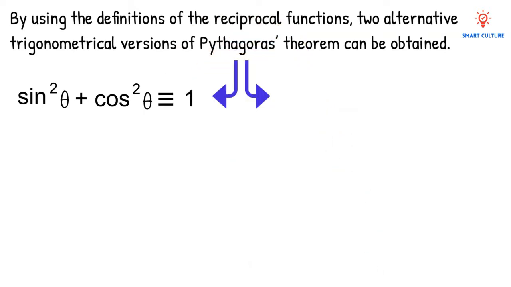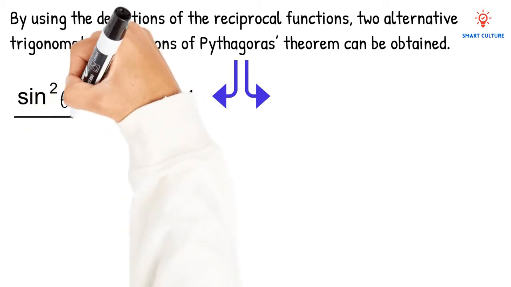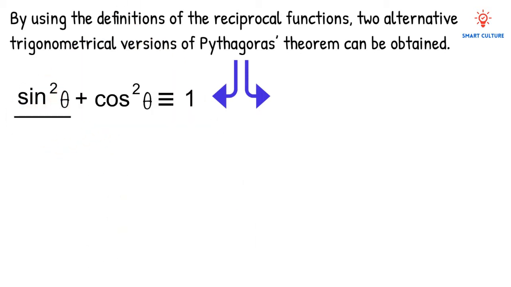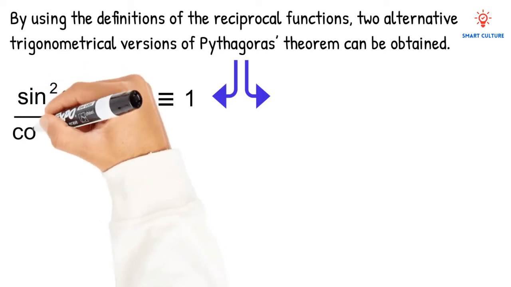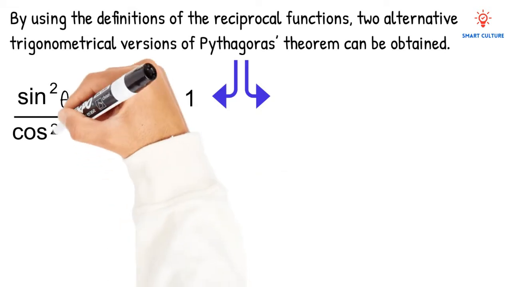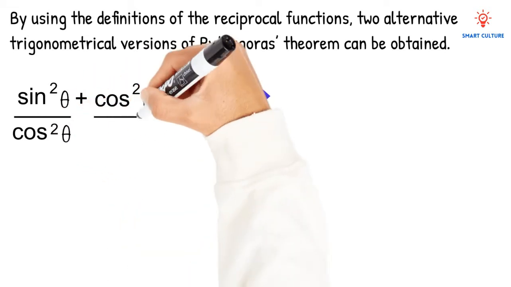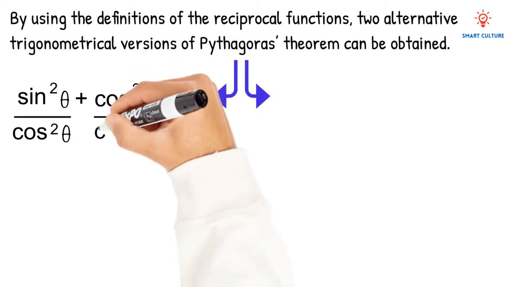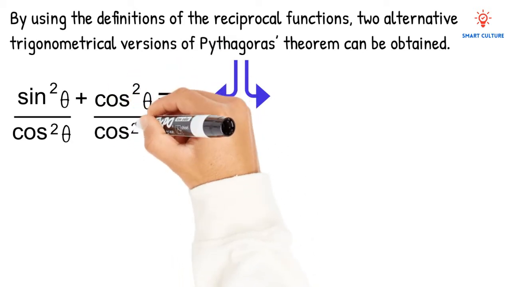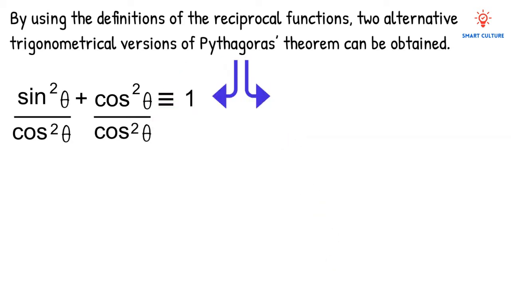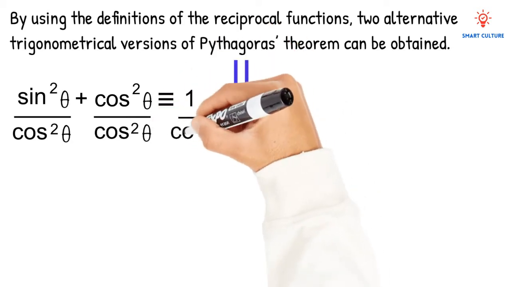So what we'll do first is we will divide both sides by cosine of theta squared. So then we have sine of theta squared divided by cosine of theta squared plus cosine of theta squared divided by cosine of theta squared is equivalent to 1 over cosine of theta squared.